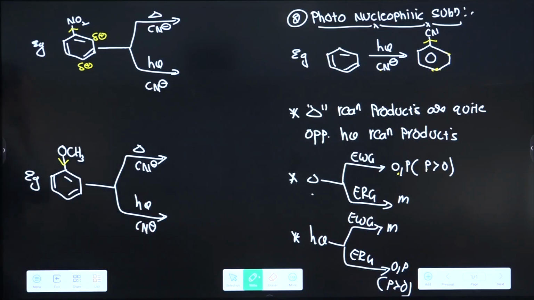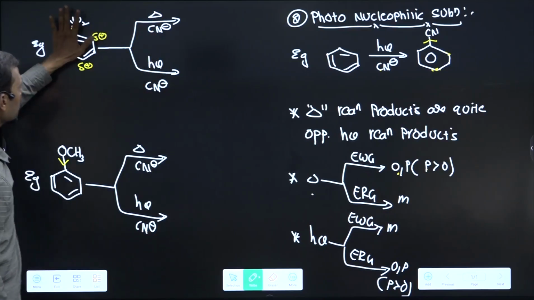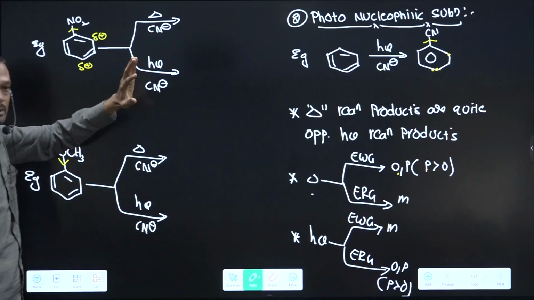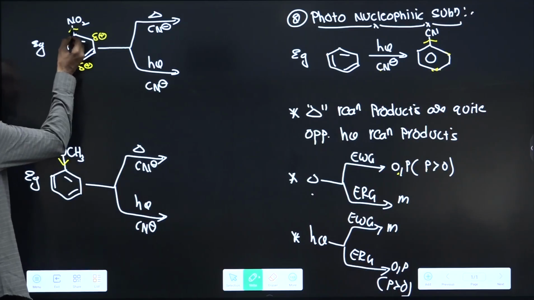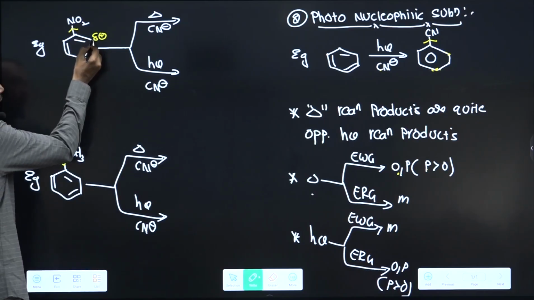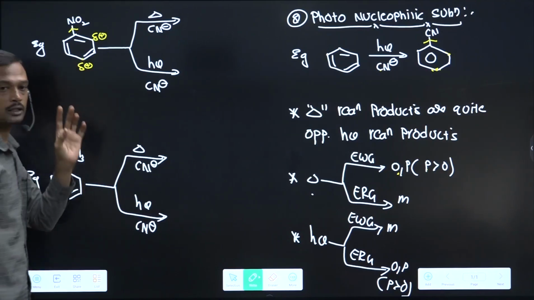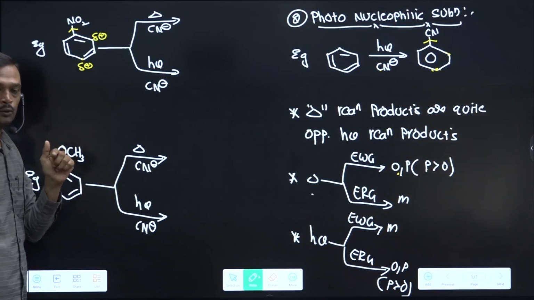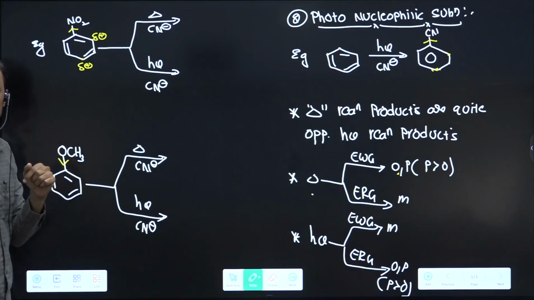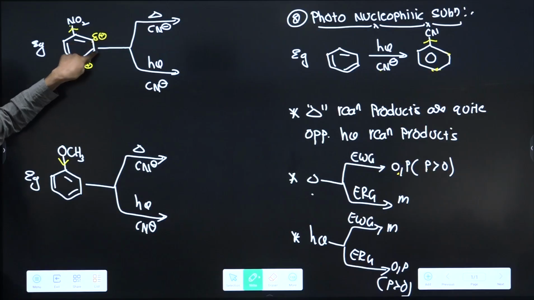This is a normal study, I am not using thermal or photochemical. I am explaining the property of this molecule in normal cases, meaning ground state, room temperature. When a withdrawing group is present, it decreases electron density at ortho and para, and it won't affect meta. Meta cannot give electrons. Out of ortho and para, electron density is most affected at para. It takes more electrons from para, then ortho, then meta.